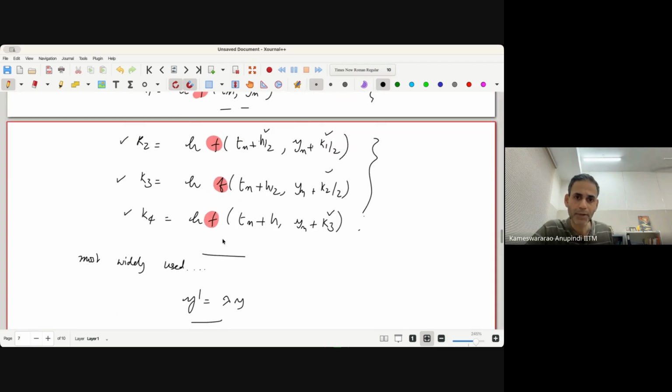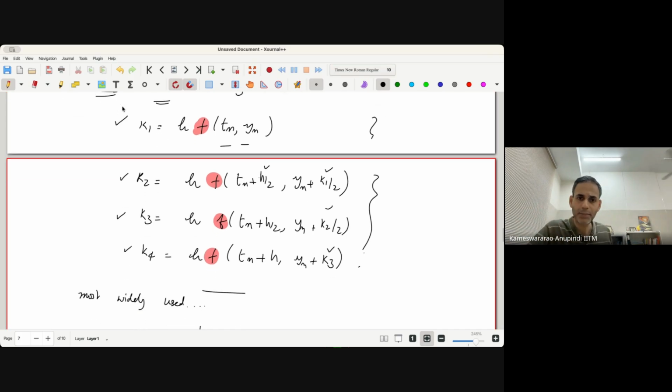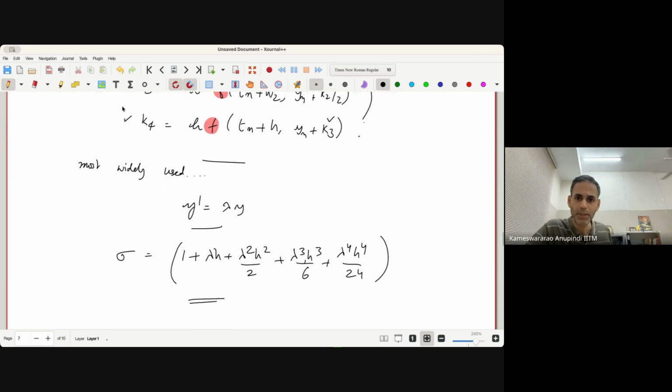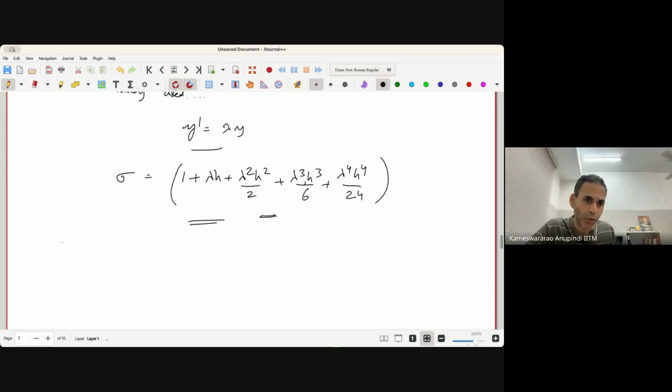If you substitute for lambda y into each of these and then collate everything and write it as yn plus 1 equals some sigma times yn, then that is the sigma you're going to get. Fine. So that means this is now going to determine the stability properties. So again, if I want to obtain the stability region, then what should I do?